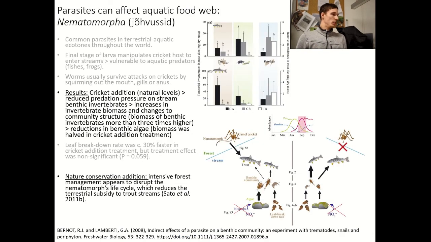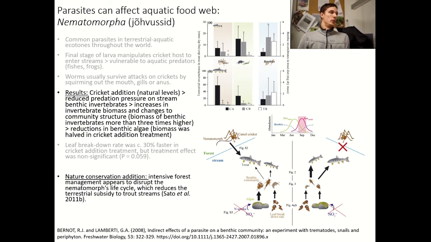Now, it's quite interesting because the parasite forces the cricket to go to the stream, where it is vulnerable to aquatic predators, for example fish and frogs. And in the experiment of these researchers, adding infected crickets at natural levels was an important food source to the fish that is drift feeding. That means that it feeds from the insects that are falling from terrestrial habitat.